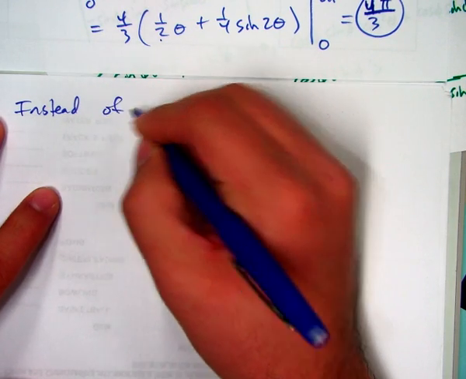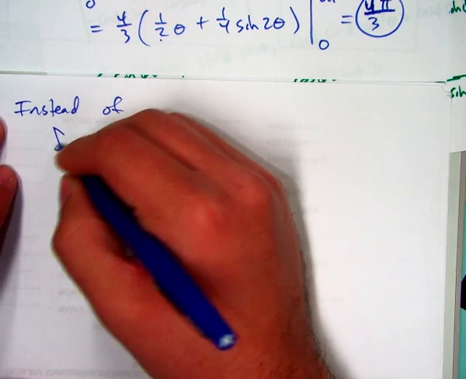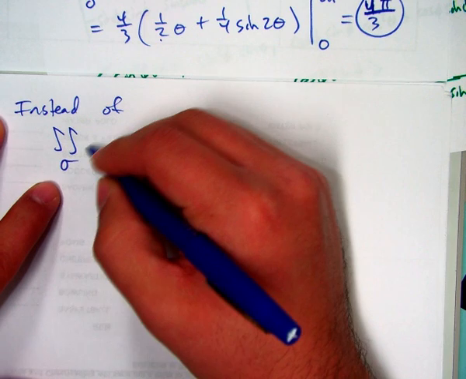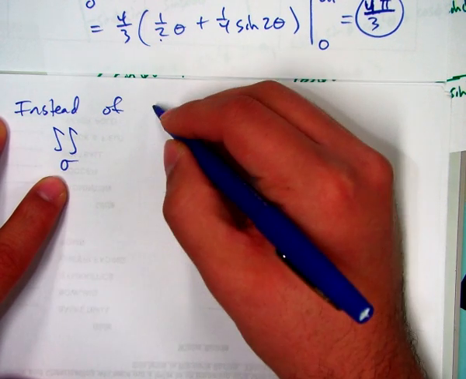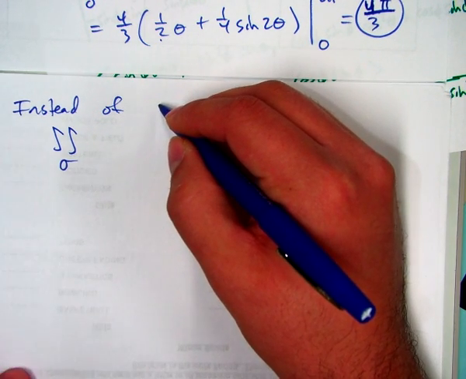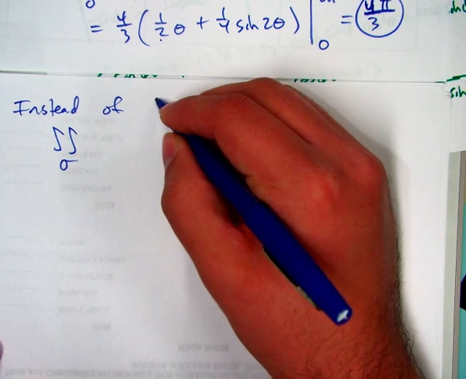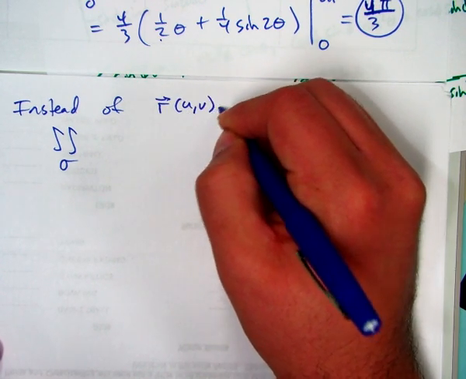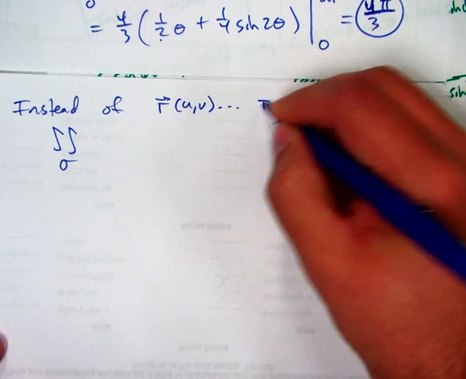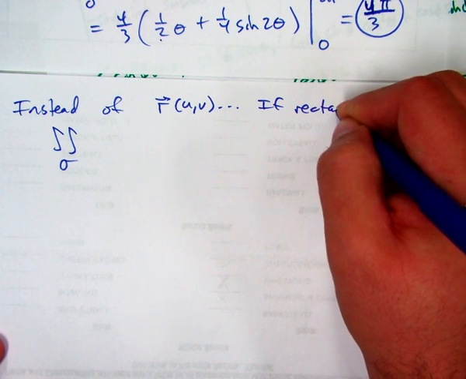So instead of a double integral, let's say instead of having a parameterization, we are all rectangular.